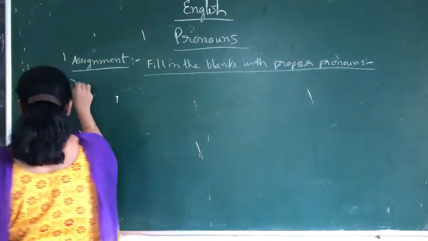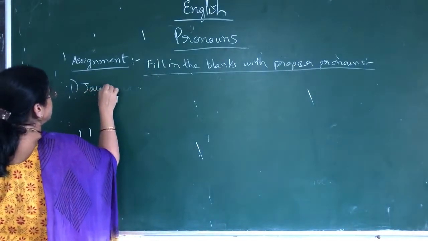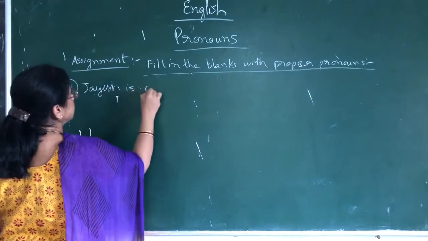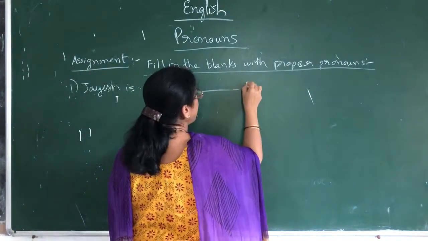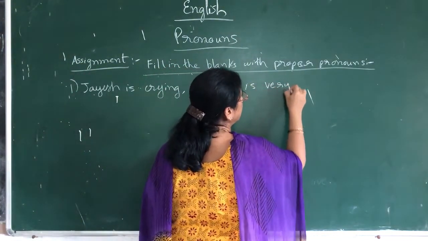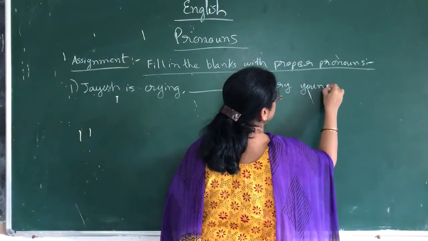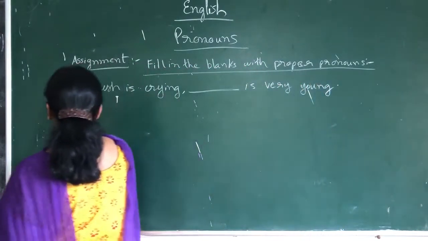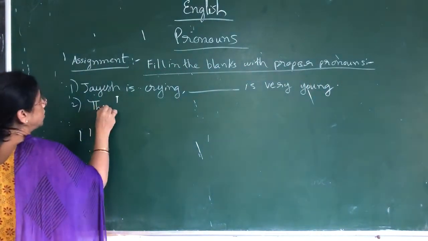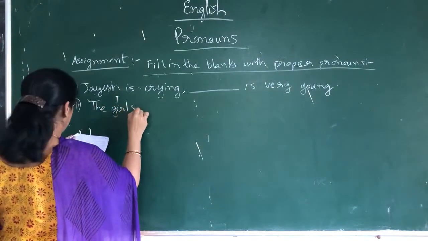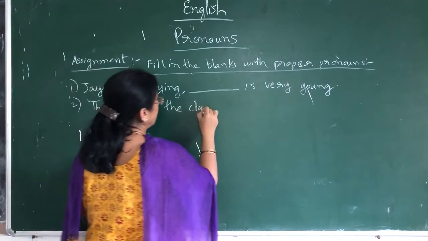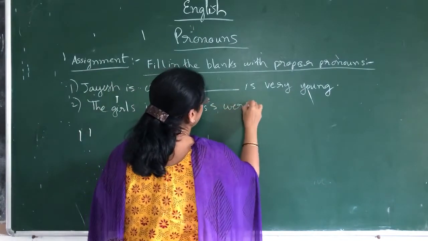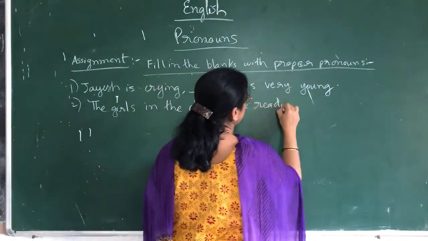The first sentence here is Jayesh is crying. A boy by name Jayesh is crying. Dash is very young. Next one. The girls in the class were reading.